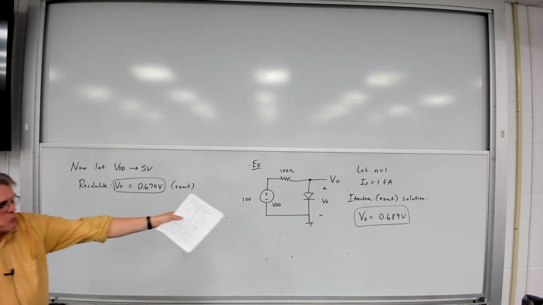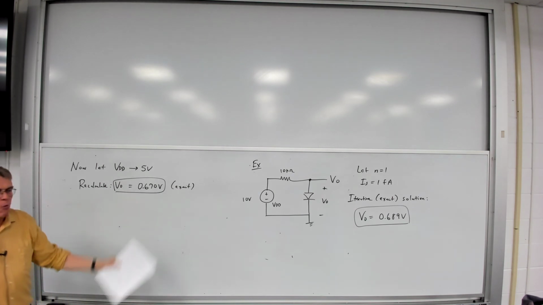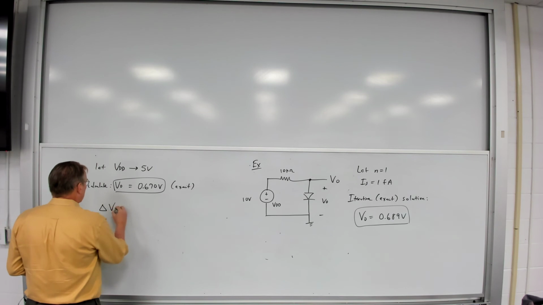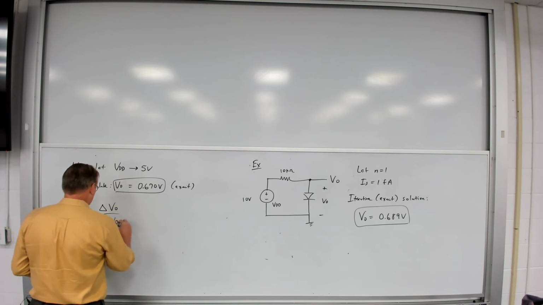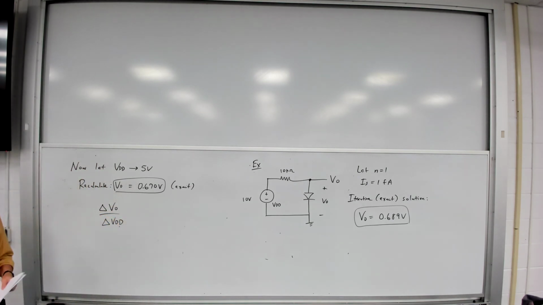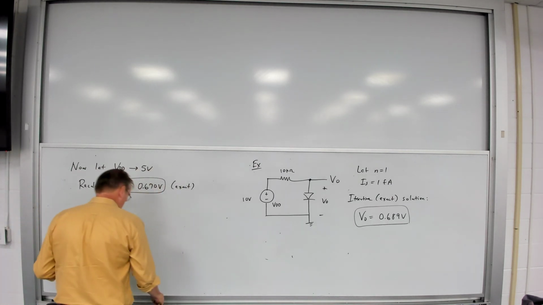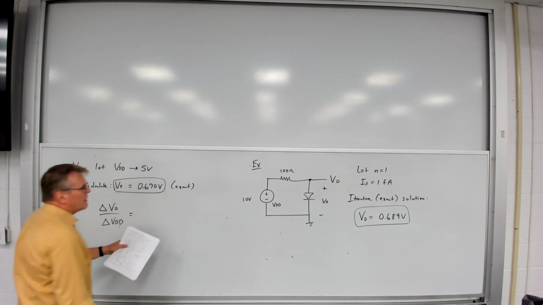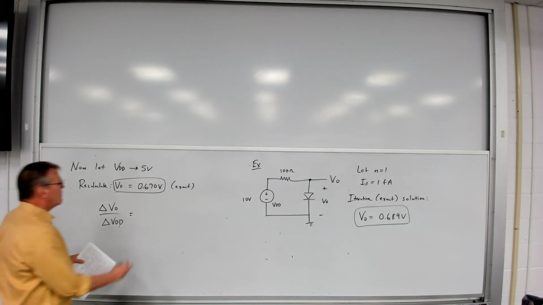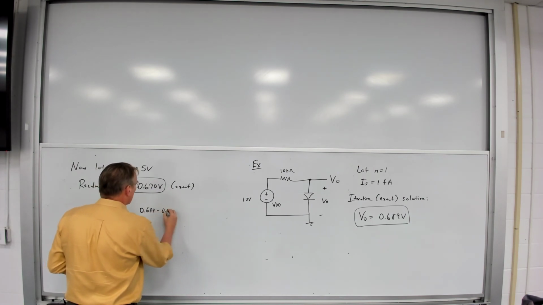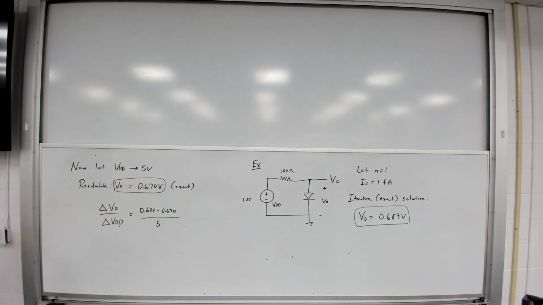And yet the output voltage went from 0.689 to 0.670. In other words, delta VO per delta VDD is going to be equal to, in this case, only 0.689 minus 0.670 divided by 5, which is clearly going to be a nice small number.